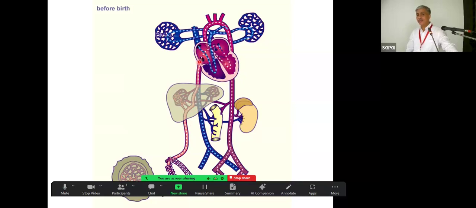This is the RV, with the preferential flow happening through the foramen ovale into the LA, circulating into the major circulation, moving down where it is getting mixed with the ductus flow, which is making it deoxygenated, finally moving down into the umbilical artery. This is just a simplified video where you can learn what actually happens before birth.